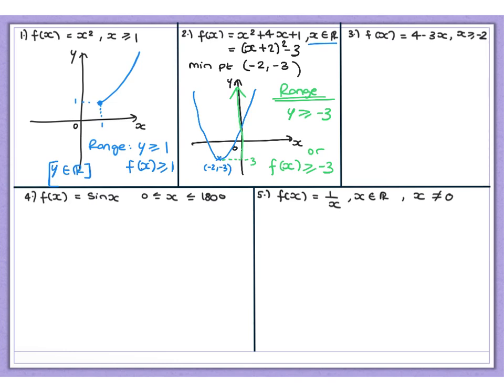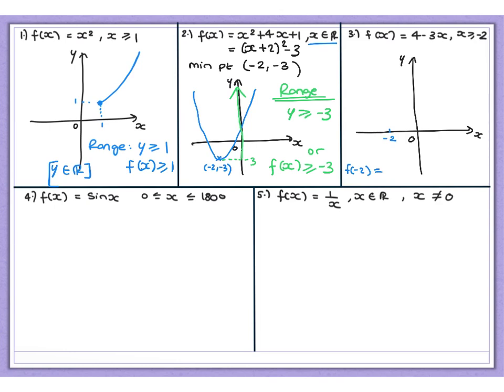Example 3, f of x equals 4 take away 3x, a simple straight line, and x has got to be greater than or equal to -2. So if we sketch out some axes and we mark on the point x equals -2, I'm going to substitute that into f of x and find out what f of -2 is equal to.